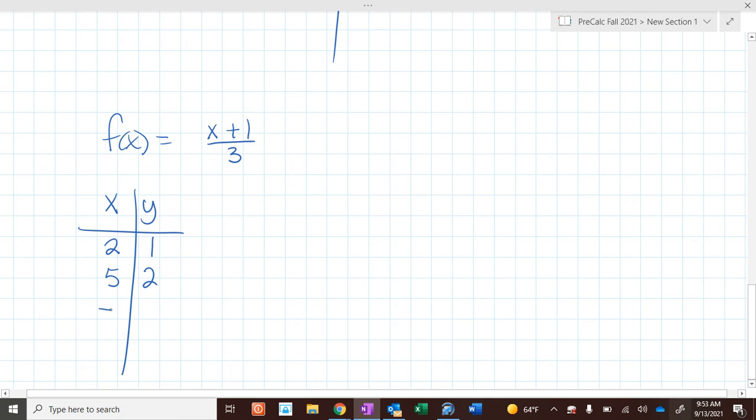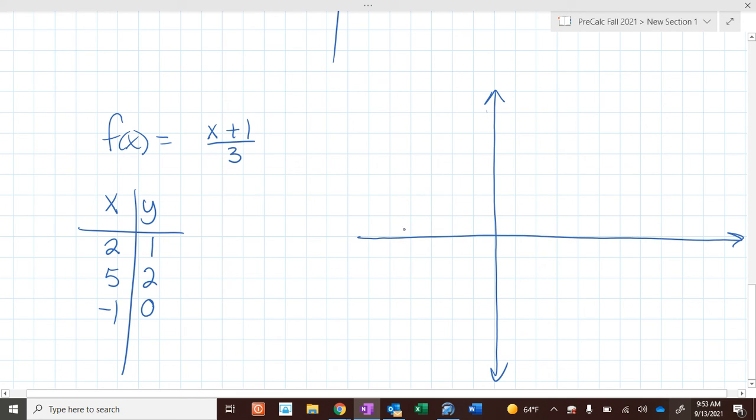So those are points. I'm going to graph the point -1 because -1 plus 1 is 0 over 3 is 0. So if I graph those points, the function -1, 0, 2, 1, 5, 2 is just a diagonal line going like this.